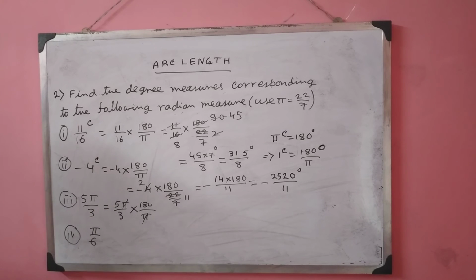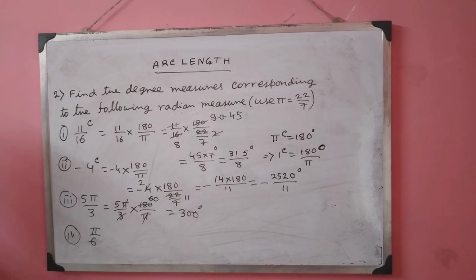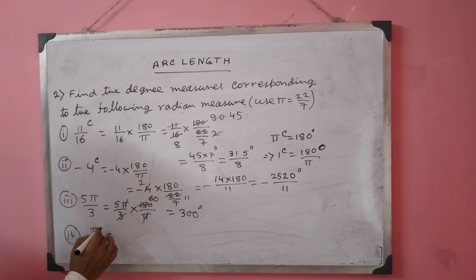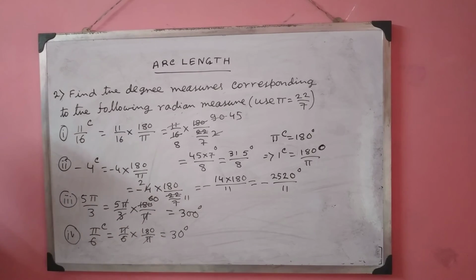By cancellation of pi, this is 300 degree. Pi by 6 radian is equal to pi by 6 into 180 by pi. By cancellation of pi, this is 30 degree.